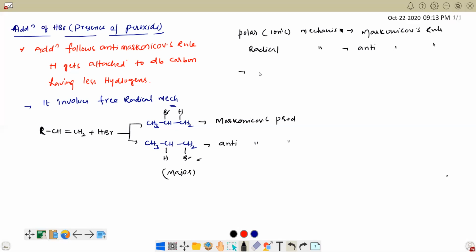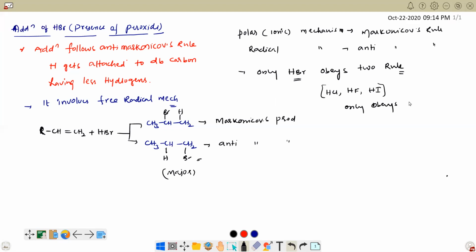Among HX, meaning HF, HCl, HI, only HBr can obey two rules, anti-Markovnikov rule as well as Markovnikov rule. And HCl, HF, HI only obey Markovnikov rule, because there are different factors involved here, bond energy, endothermic, exothermic, such cases.